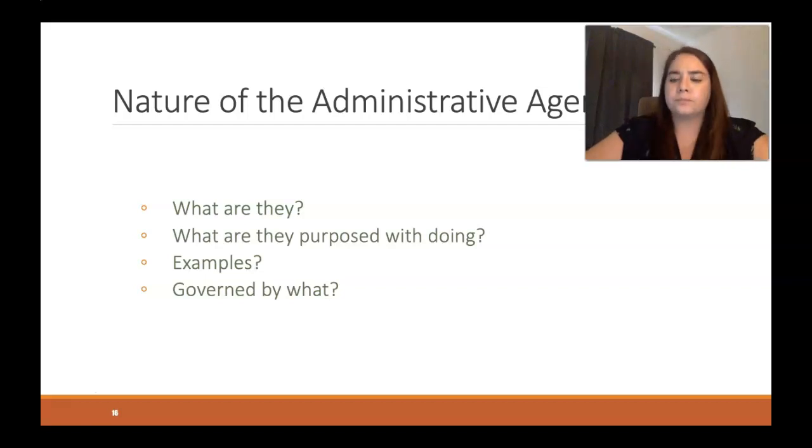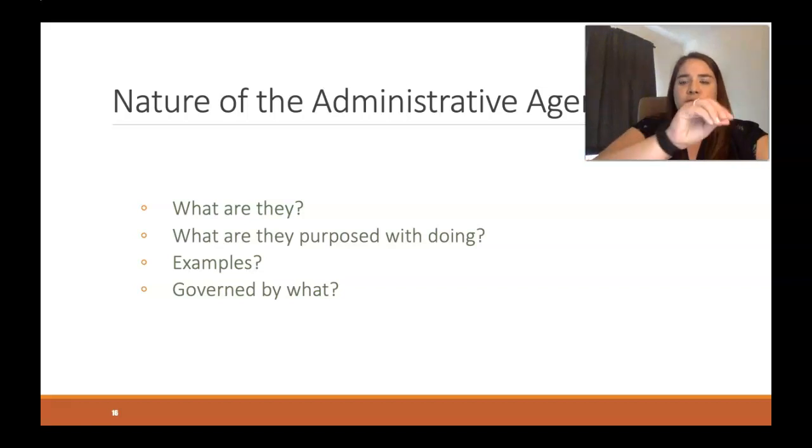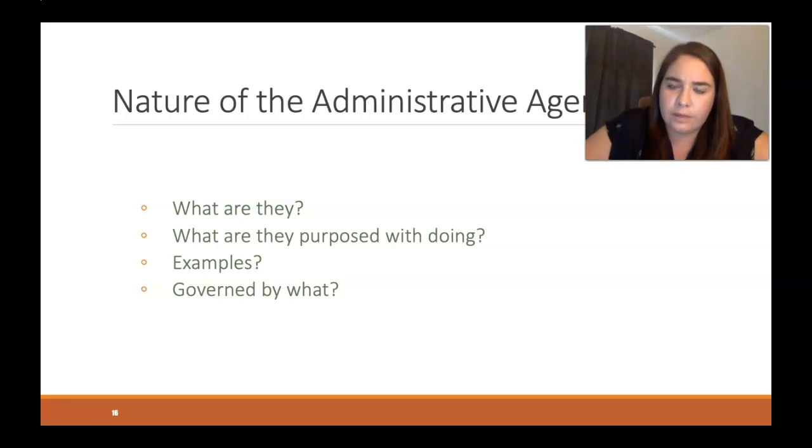So they are purposed with creating a system that has the most intelligent regulations for a particular area. Some examples: EPA, Environmental Protection Agency, great example. IRS, the one that nobody likes, but also I don't want to know about tax law, so thank God that they know about that. The Securities and Exchange Commission, their whole existence is purposed with passing security regulations, enforcing those regulations, and then passing judgment on people who fail to follow those regulations.